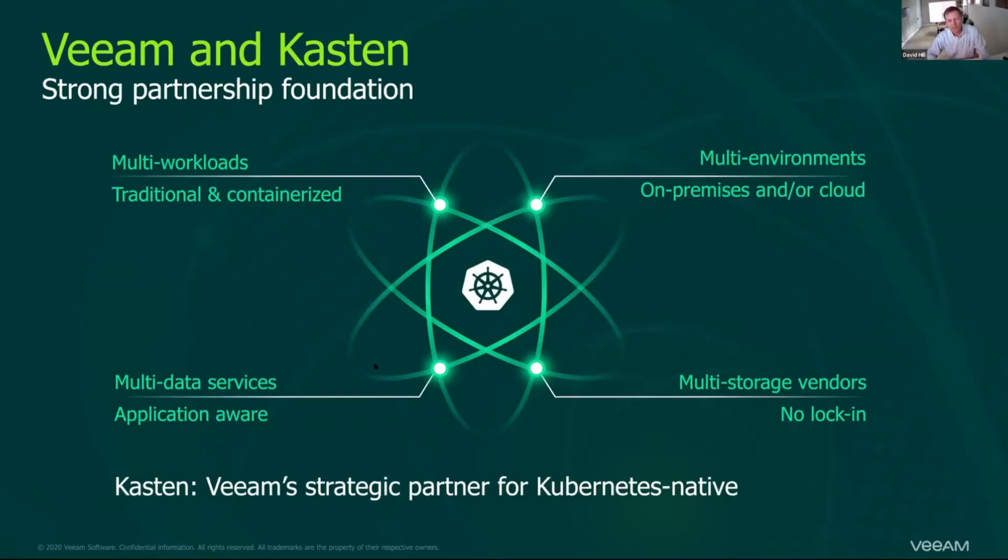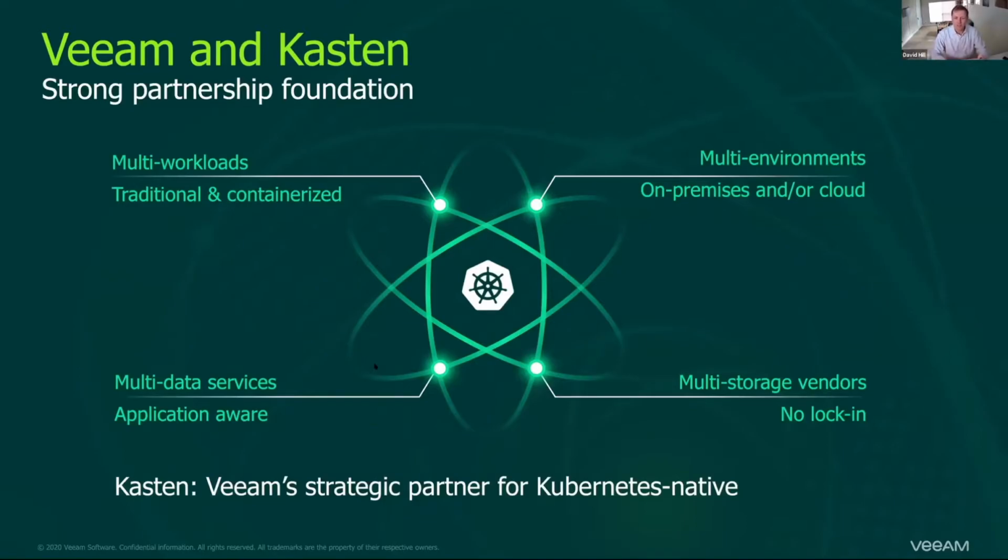When you hear about Veeam's use cases around supporting multiple workloads across multiple platforms, whether it be physical or virtual, bringing in Kasten also now allows us to protect those containerized applications, whether we're in those multiple environments.